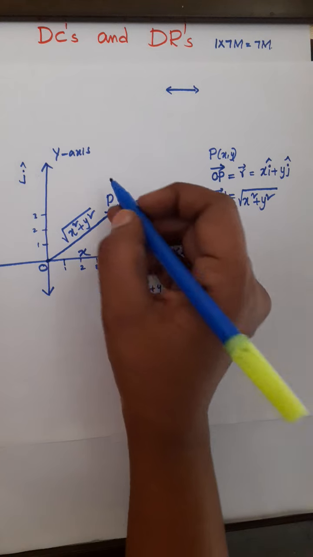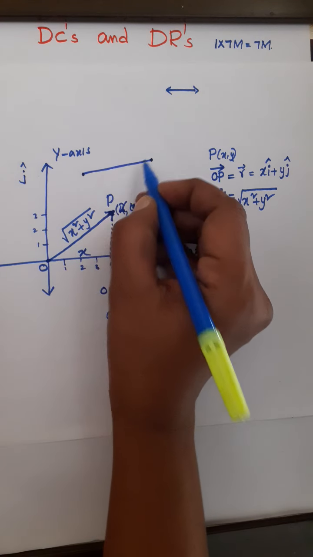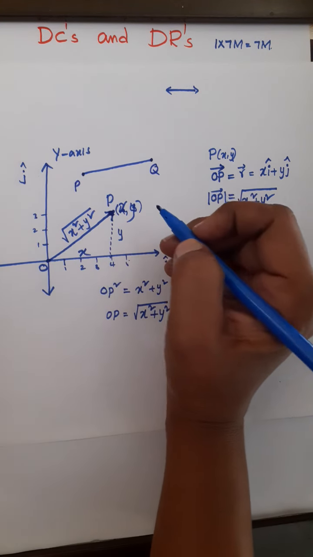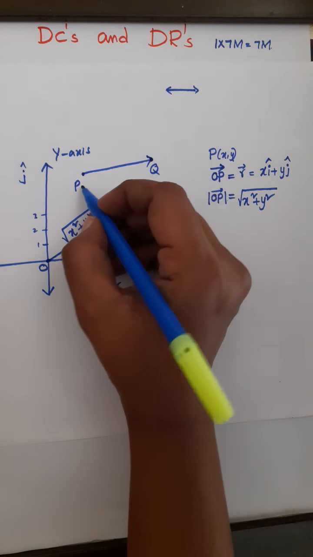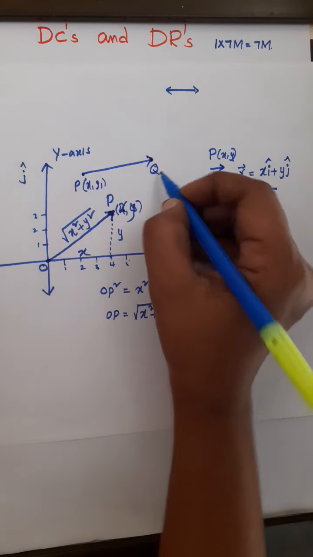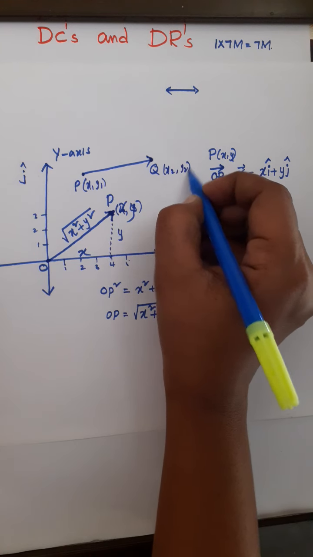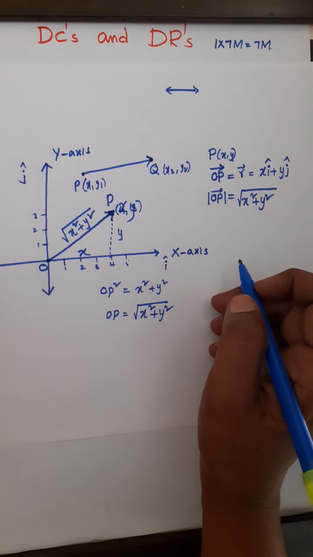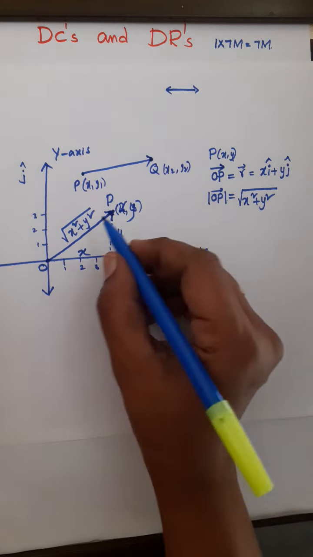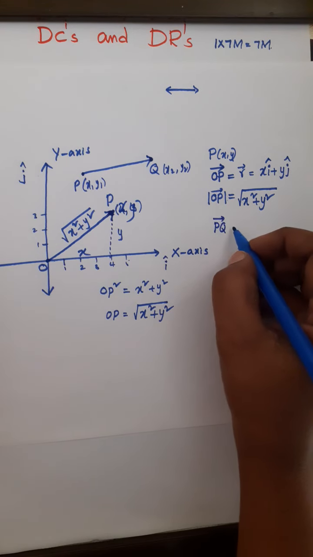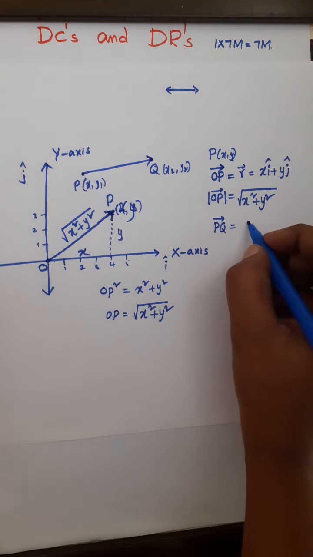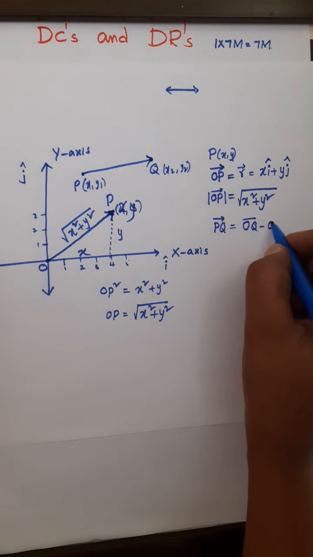Okay, suppose you have a line here, like this P and Q, right? PQ vector, suppose direction in this way, we have (x1, y1) and (x2, y2), like this. Then what about this PQ vector? PQ vector is given by OQ minus OP.